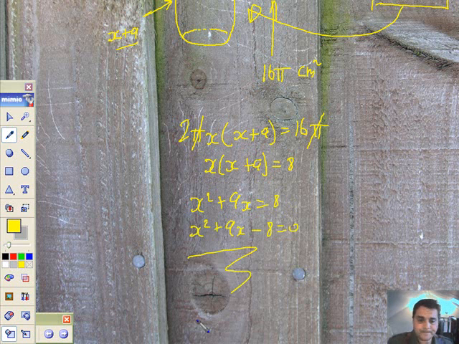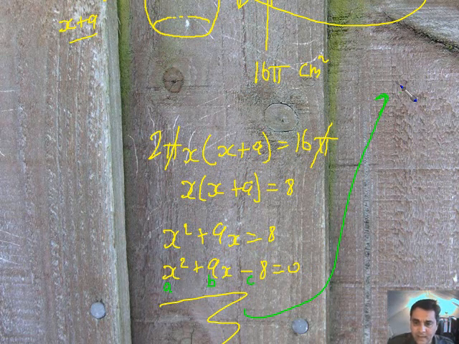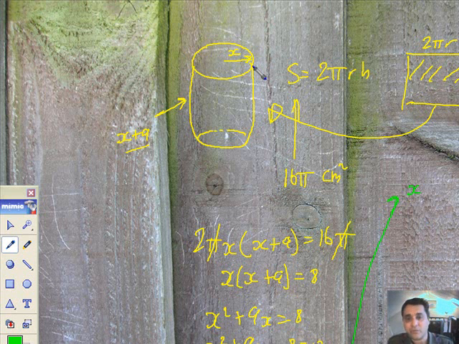Now, to use the formula, let's just change flavours into lime green. Again, just shove the numbers in there. There's your a, there's your b, and your c is negative 8. So what do we got then? I've got to solve for x, and x of course is the radius. If I know the radius x, I can be asked in part B to calculate the height. Whatever x is, just add on 9 and you've got the height.